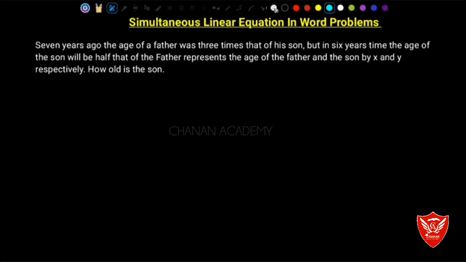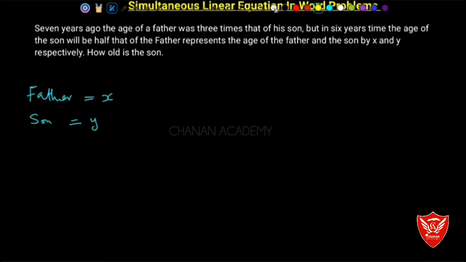Alright, let's try to understand this question properly. We were told first of all that we should represent the age of the father and the son with x and y. So let's say the father's age is equal to x and the son's age is equal to y. Now, for us to understand this, we need to analyze the question properly. So let's try to analyze it.